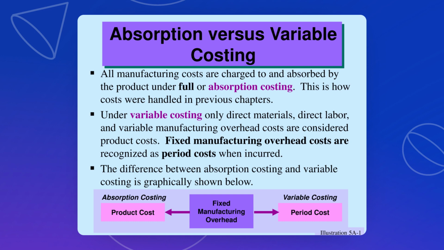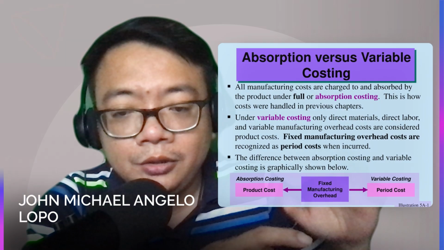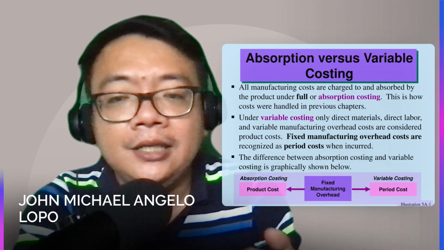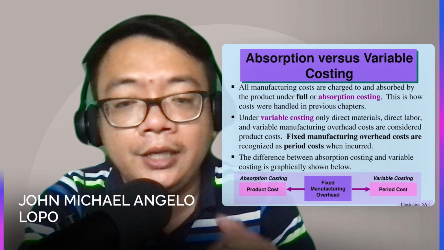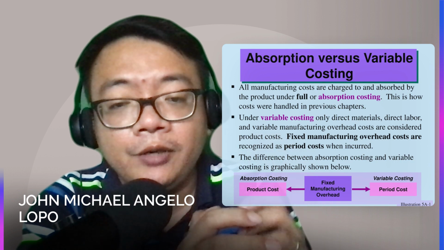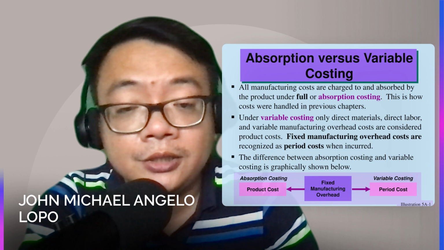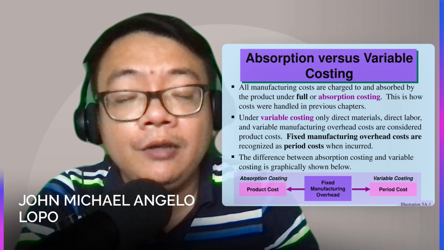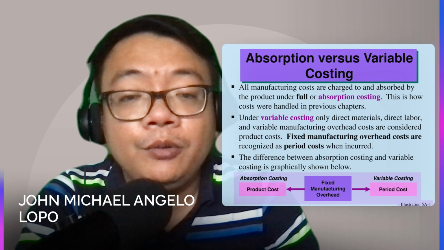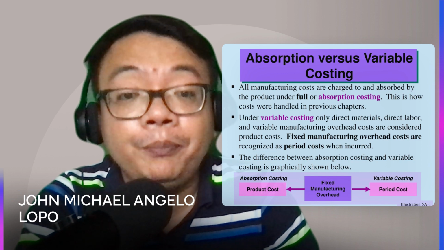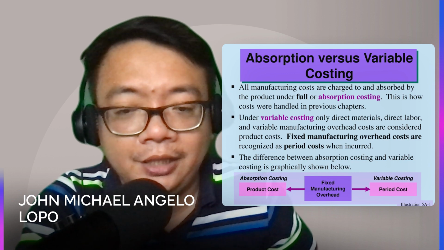Meaning, class, it is all to be expensed outright. So again, we go back to this one. The difference here is all about the fixed manufacturing overhead. In absorption costing, it is part of the product cost, or part of the inventoriable cost. While in variable costing, it is part of the period cost, or expensed outright.